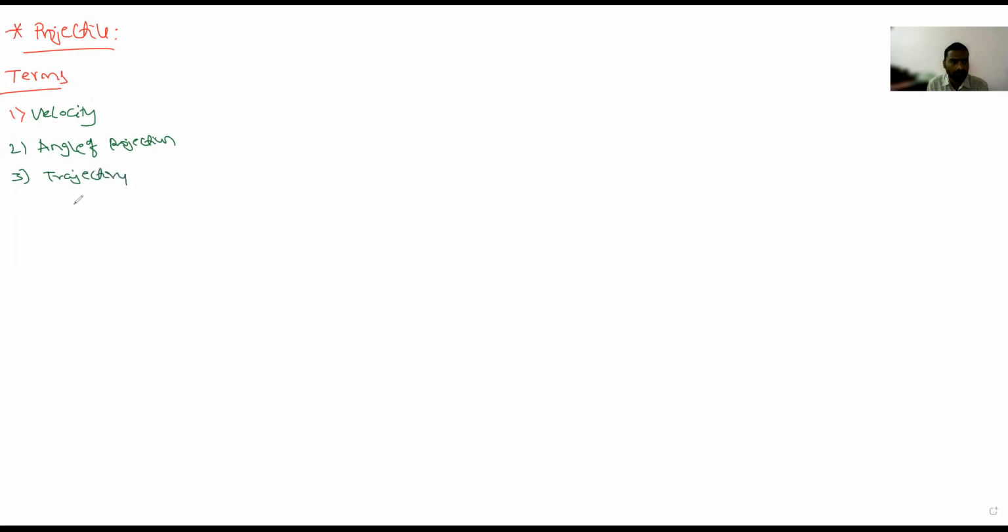Fourth one is horizontal range. Then again, time of flight. Here you have seen only definitions. We have not gone through any formula.